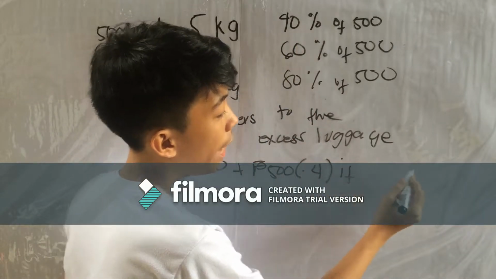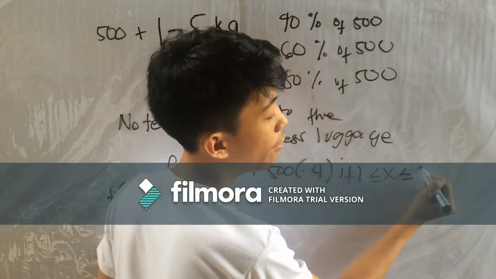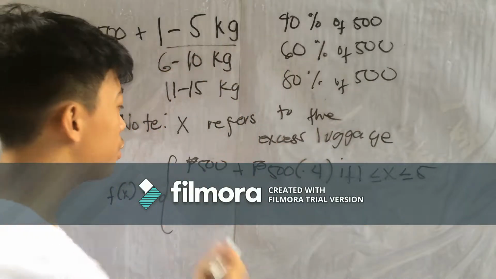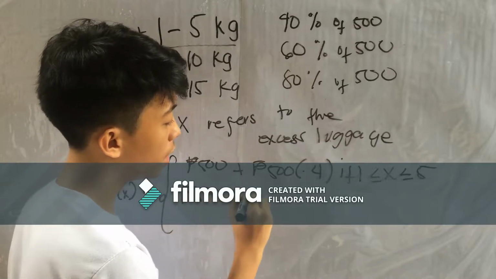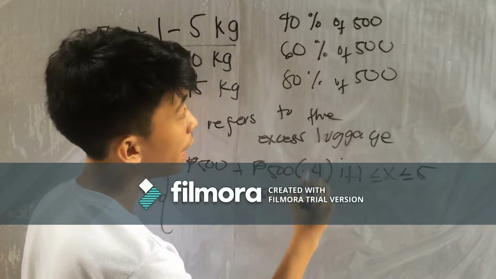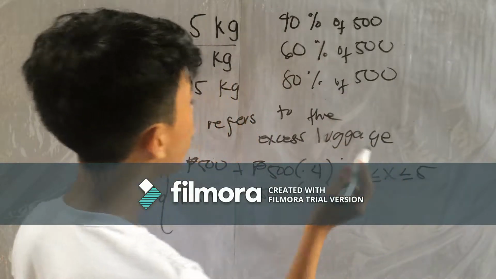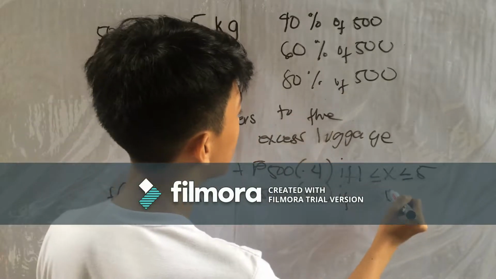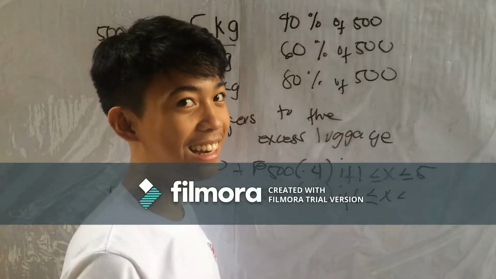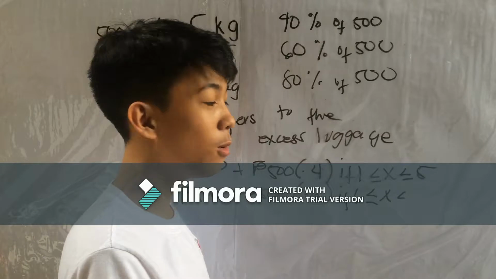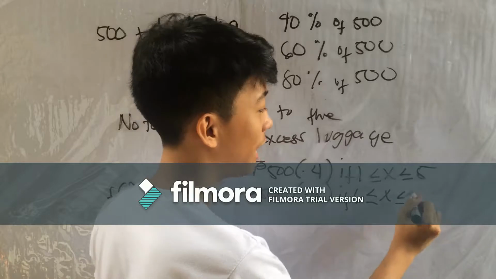if x is greater than or equal to 1 but less than or equal to 5. Ito yun. Next naman is yung pag lumagpas ka ng 6 to 10. Bale, 500 plus 500 pesos times 0.6 if x is greater than or equal to 6 but less than or equal to 10.